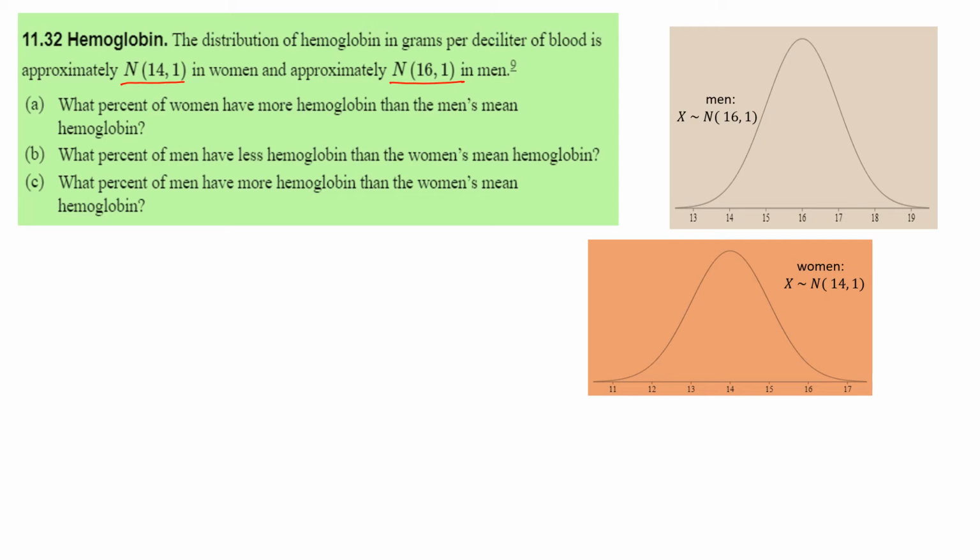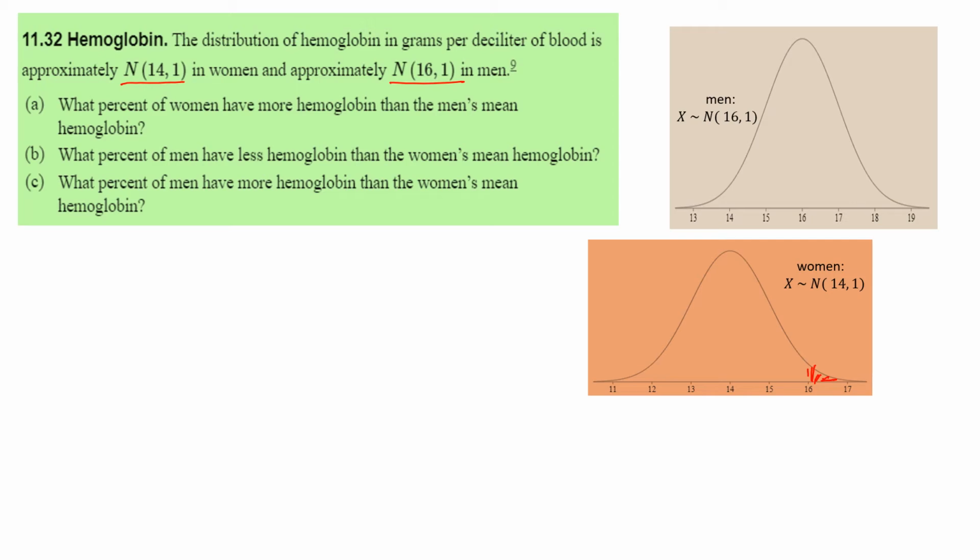What percentage of women have more hemoglobin than men's mean hemoglobin? Men's mean hemoglobin is 16. So we are trying to find what percentage of women are above 16. If you calculate that, that will be the answer for the first one.